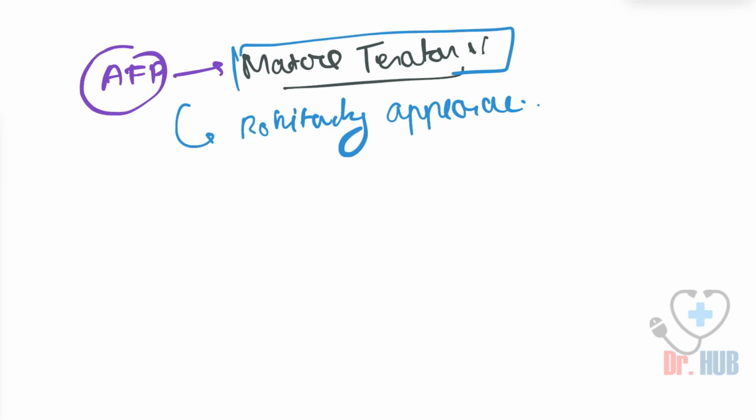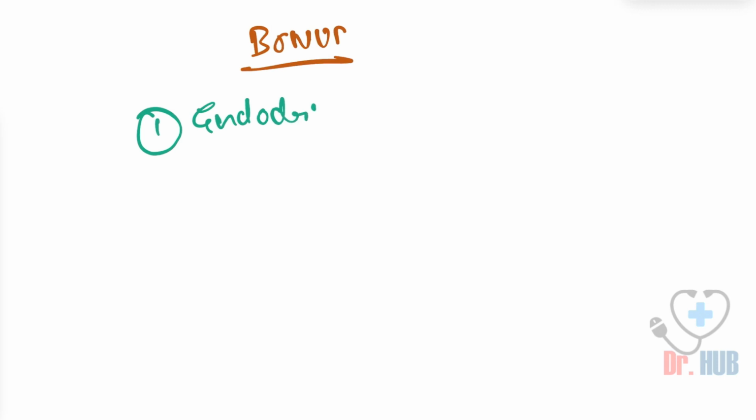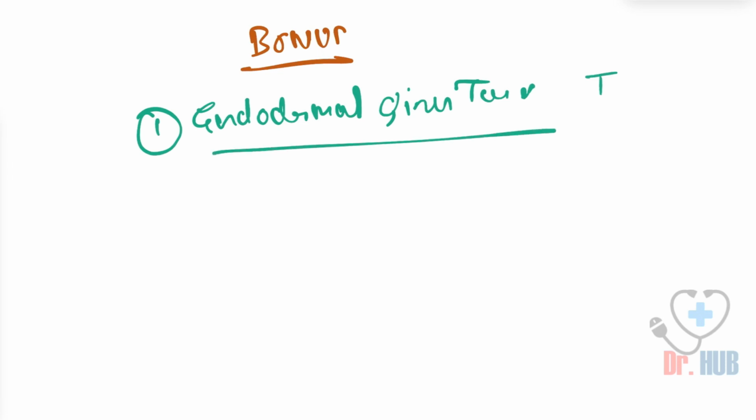Now we'll be asking some bonus questions which you can answer in the comments. The first question is about the endodermal sinus tumor. We want to know the tumor marker, and we also want to know the pathognomonic finding.